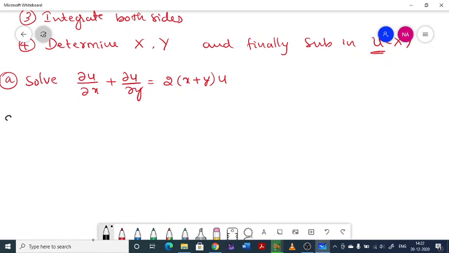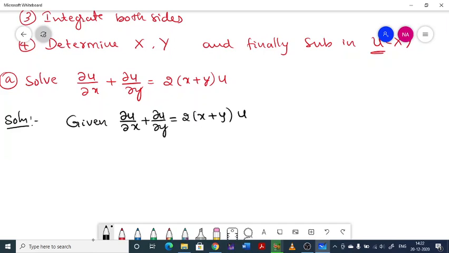Solution: given dou u by dou x plus dou u by dou y equal to 2 times of x plus y into u.